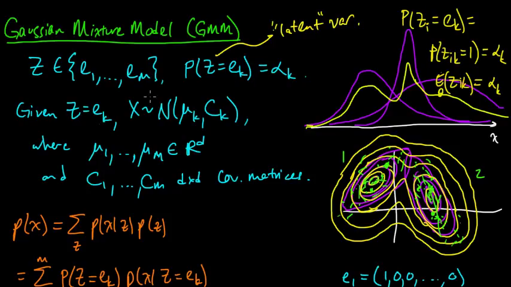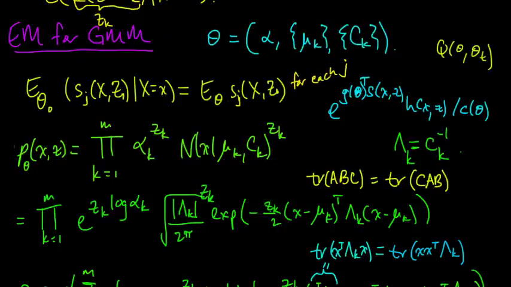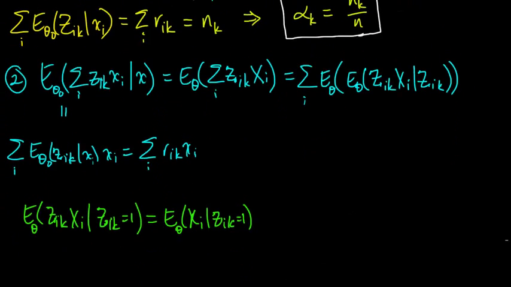So given that, that's exactly what we've defined. We've defined xi to be normally distributed with mean mu k and covariance Ck. So the conditional expectation is just the conditional mean. It's just the expectation of this conditional distribution. And so it's just mu k. So that's easy. That is mu k. Very nice.